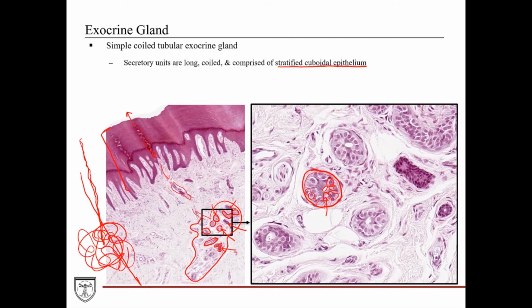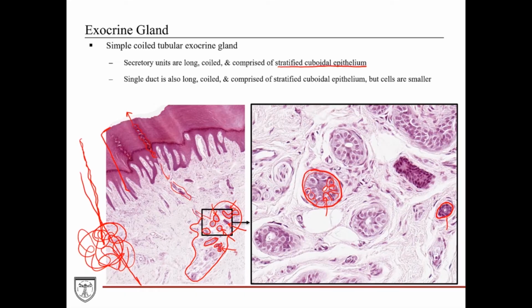Compare that to a ductal component of this coiled tubular exocrine gland. This duct is also made up of stratified cuboidal epithelium, but as we said earlier, the cells themselves are smaller and with much smaller cytoplasm as well, so there's nuclear crowding.